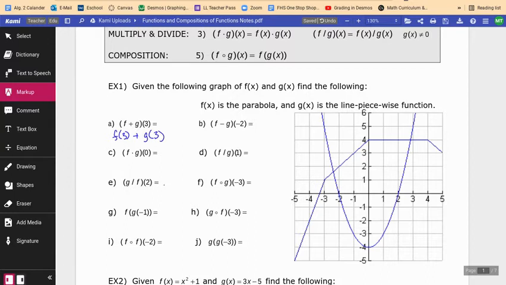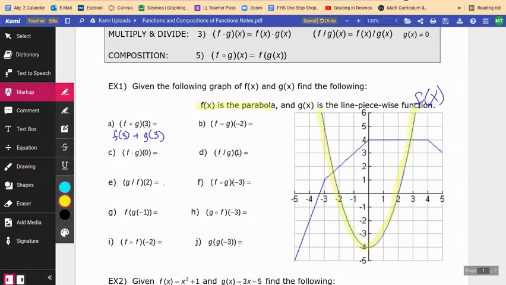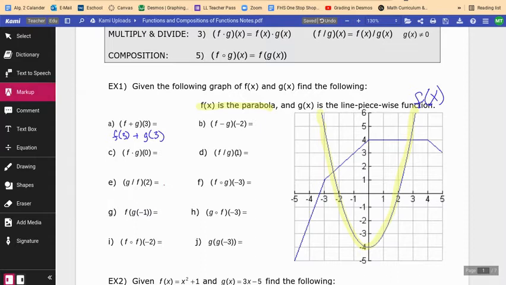It says that f of x is the parabola. So we have to understand what the parabola is. I'm highlighting the parabola in yellow, and I am going to label that f of x. If that one's f of x, it says g of x is the line piecewise function.